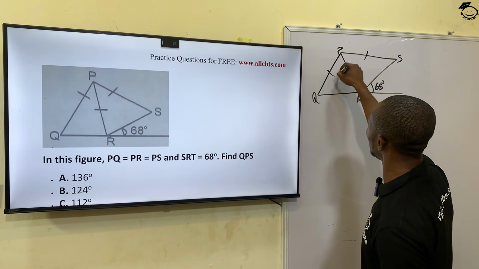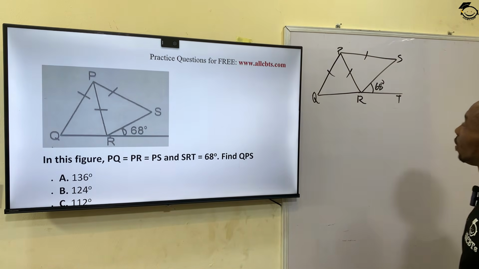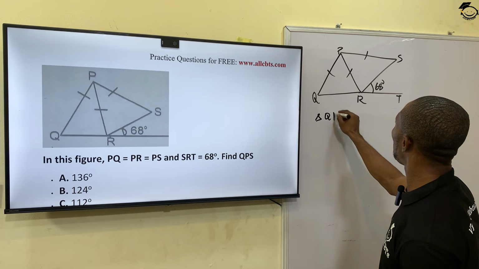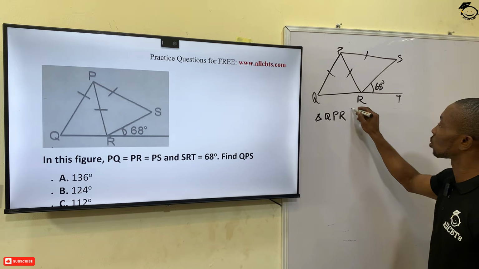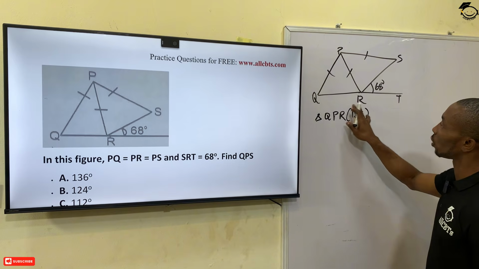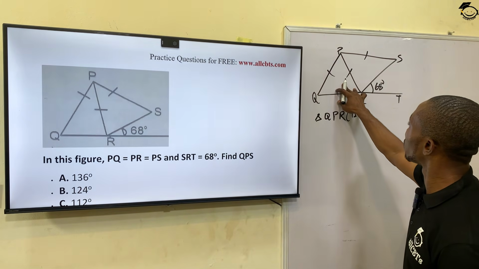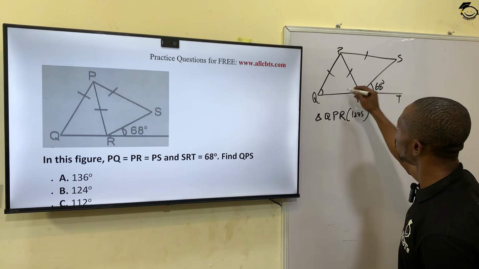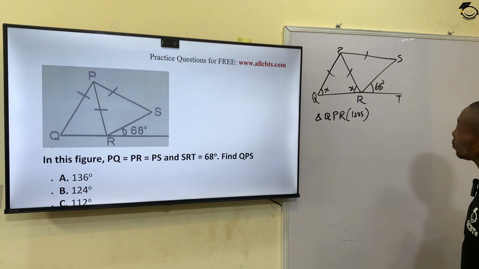This is equal to this and equal to this. Now, having it this way, we know that triangle QPR is an isosceles triangle, where two sides are equal and the base angles are also equal. So this angle and this angle will be equal. Let's call it X and X.